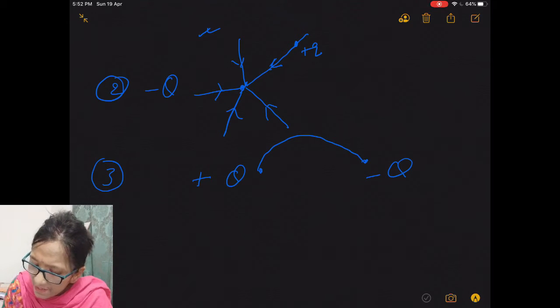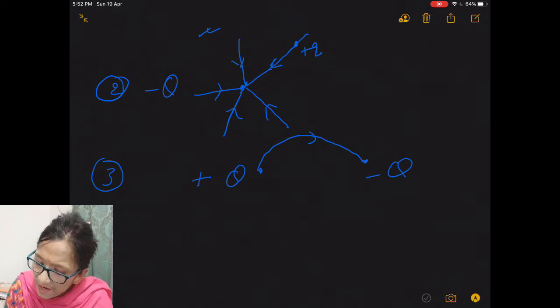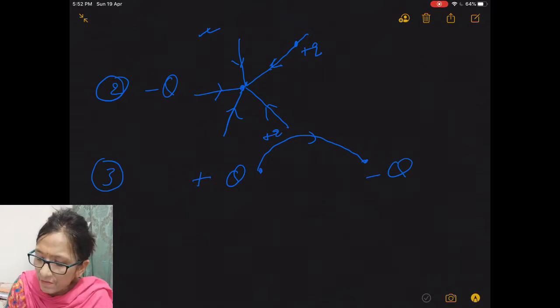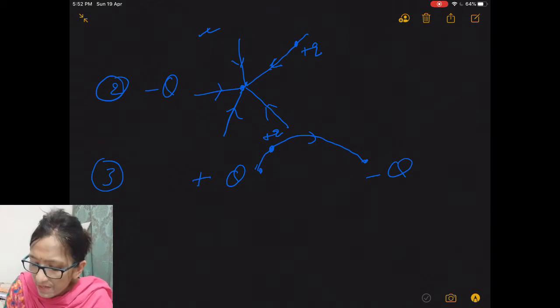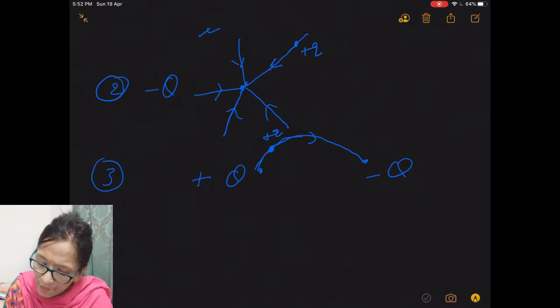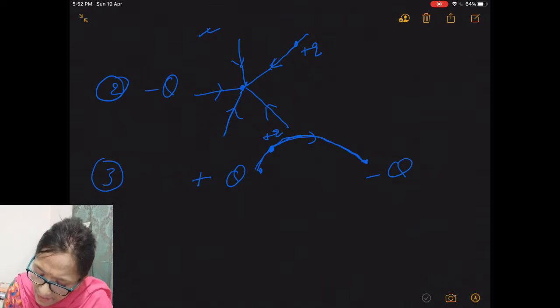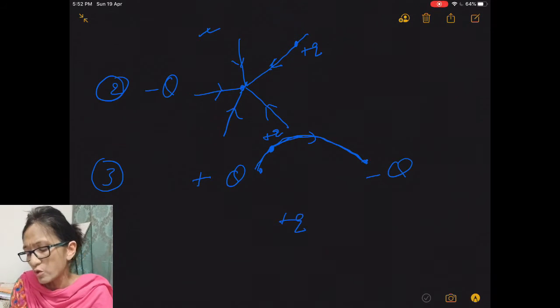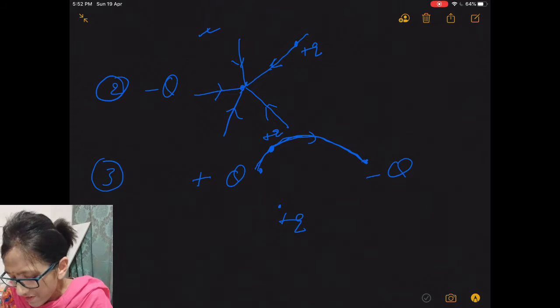These field lines will initiate from the positive charge and terminate along a curve at the negative charge. It means that when a positive charge is placed at any point here, it will be forced to move along this path. So this is the direction of force, and so this is also the direction of field.